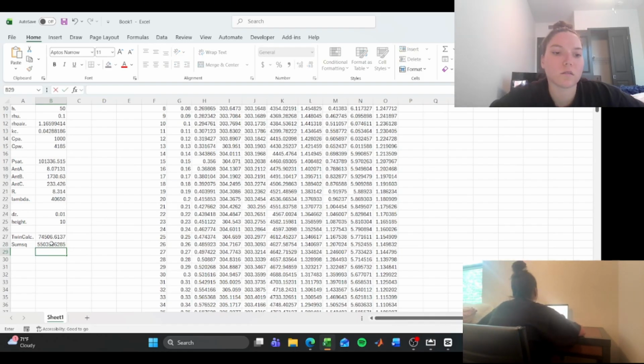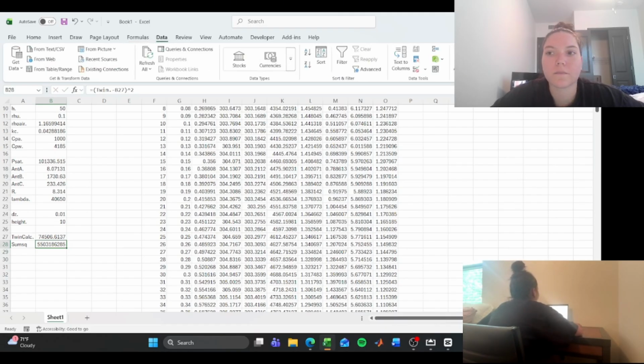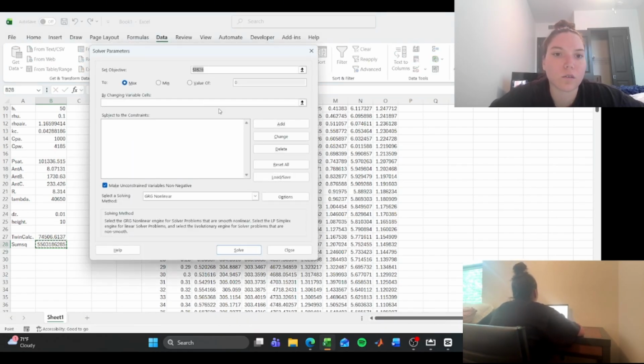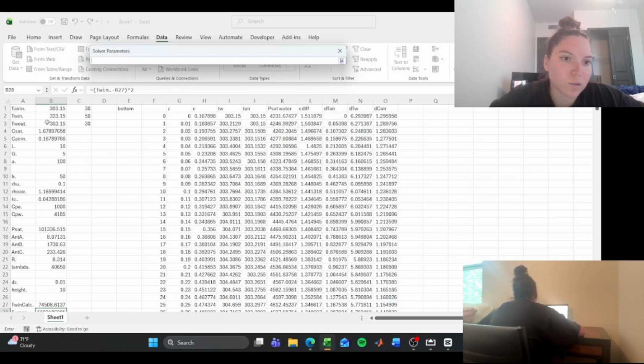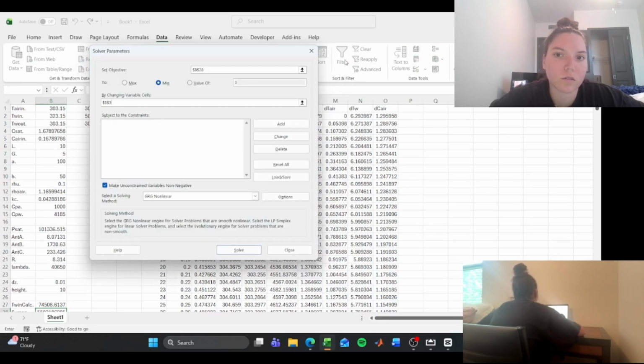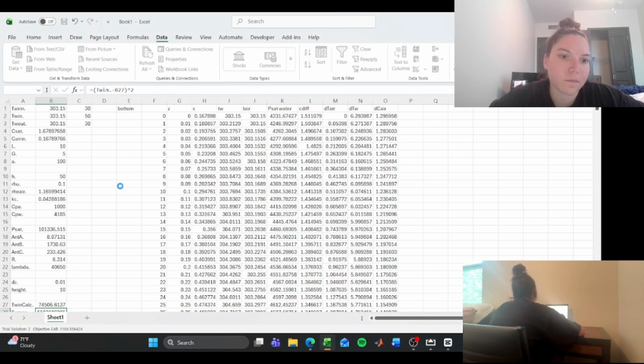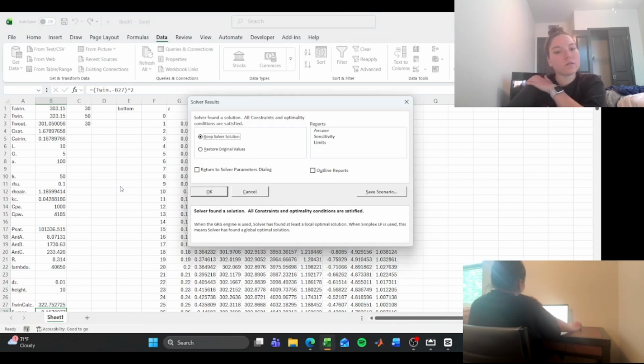Now we want to solve this using solver. So we're going to go to data, solver. We want to minimize this sum squared value by changing the temperature of the water coming out. So let's see it solve.